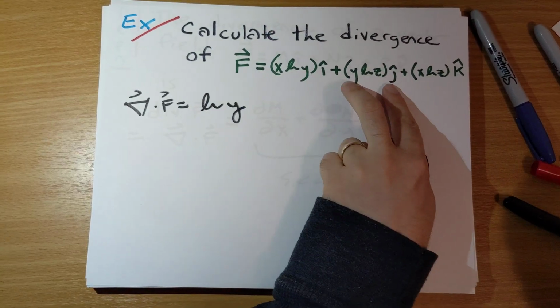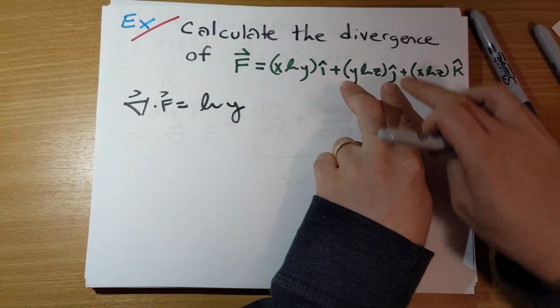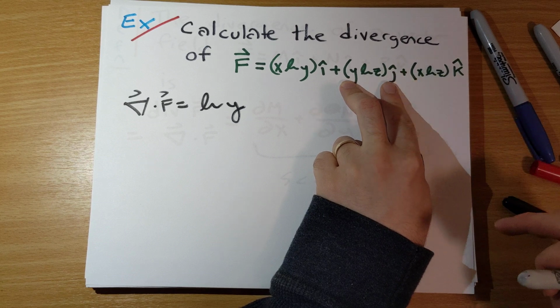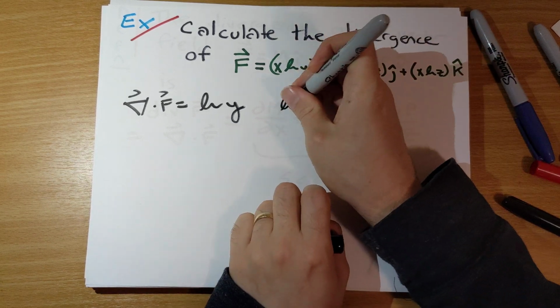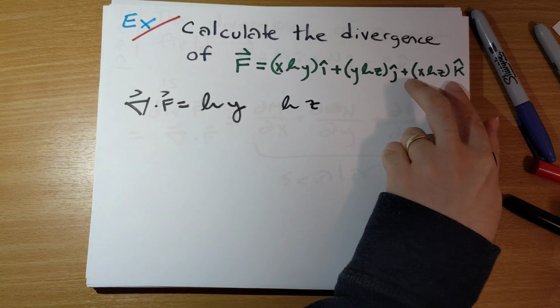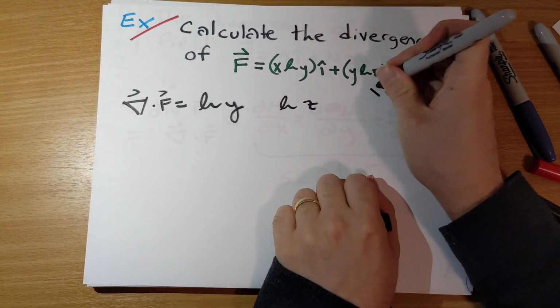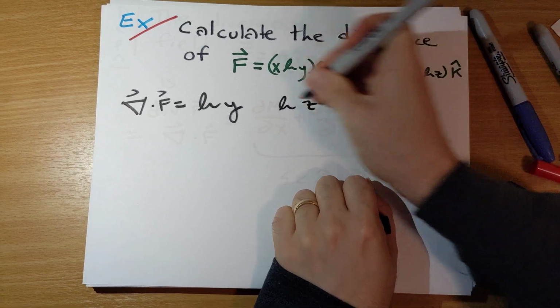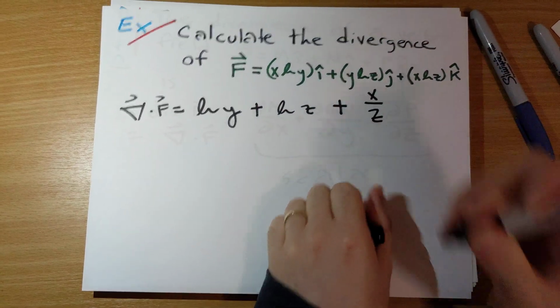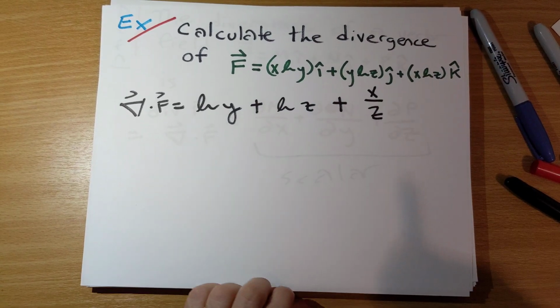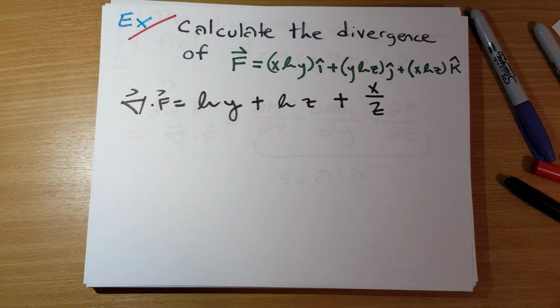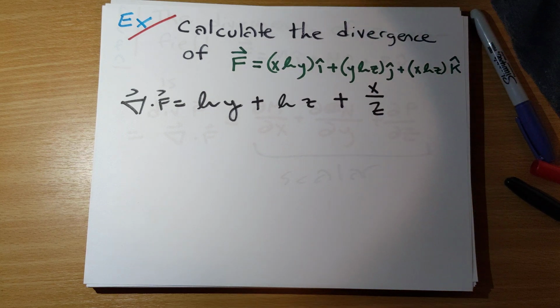The partial derivative of this function, y log z, with respect to y, is log z. The partial derivative of this function with respect to z is x over z. And then we add up the 3 partial derivatives together. And so this is how we calculate the divergence, and we'll be using this in future videos.